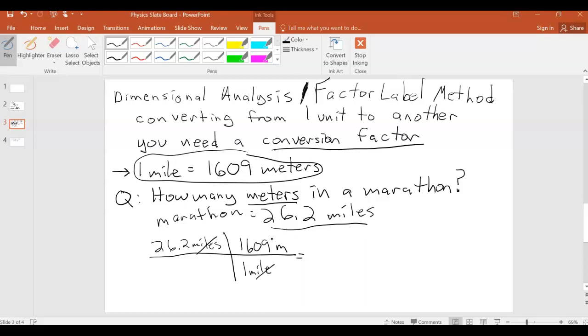If we get over to our handy dandy calculator, 26.2 times 1609 is going to give us an answer. I'm going to write out the complete answer and then we'll talk about it. So you would have 42,155.8 meters. So you answered the question, how many meters are in a marathon? Well, that is the answer.